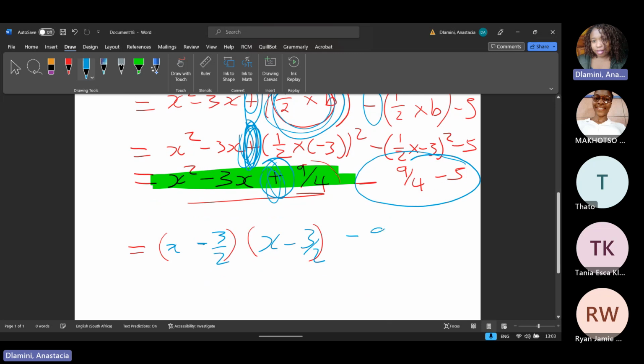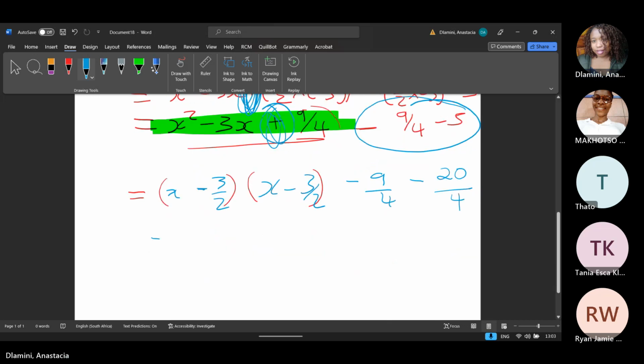Guys, how do you solve it without a calculator? Ma'am, you're going to times -5 by 4 because that's the denominator, and you want the denominators the same.